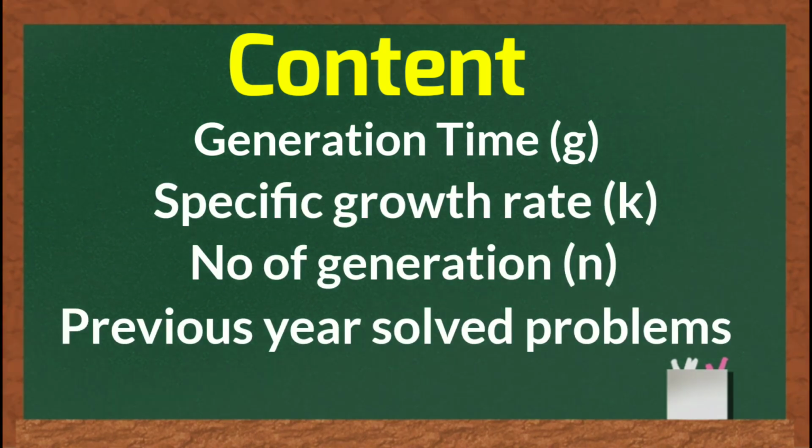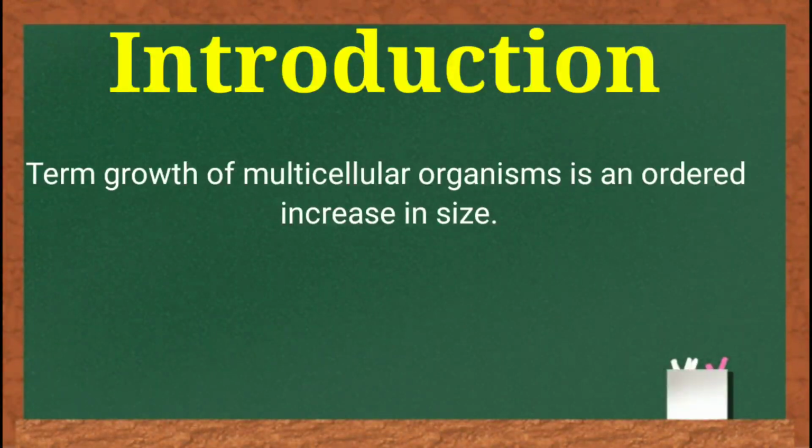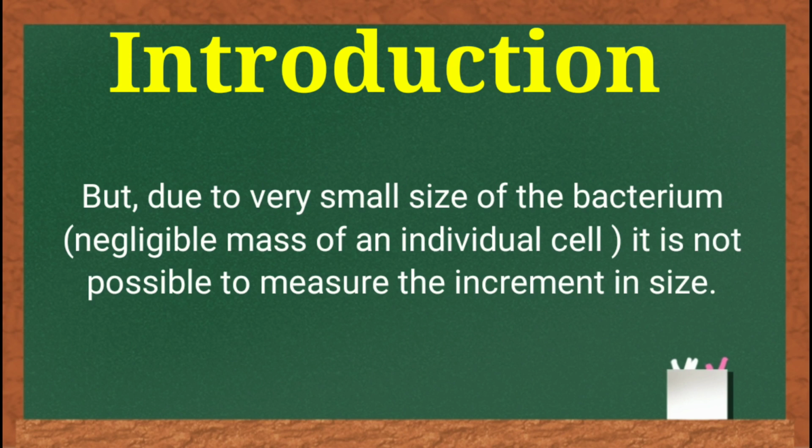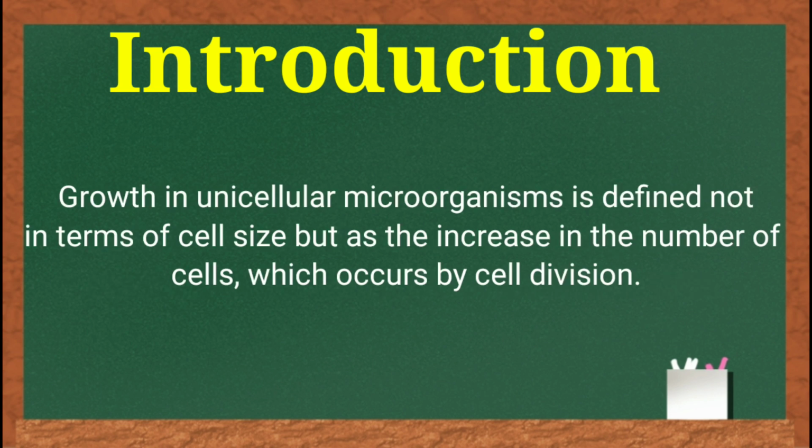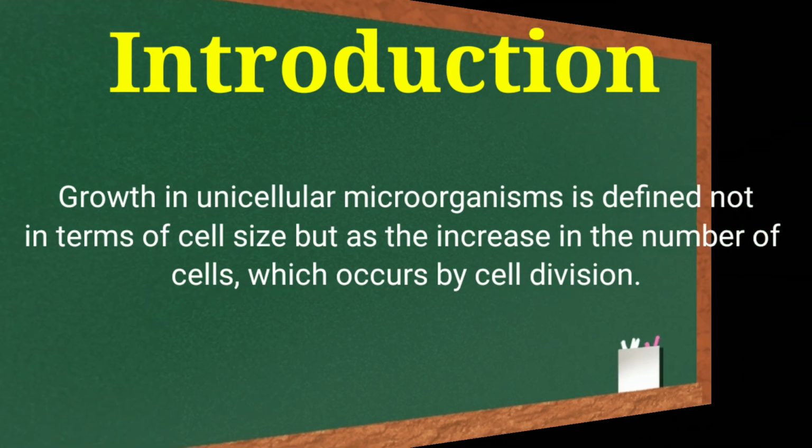So let's start. Growth for higher organisms is called the ordered increase in size, but due to the microscopic nature of the microbes, it's not possible to measure the increment of weight or length of an individual microbe. So the term growth for microbes means increase in the number of cells in a population.